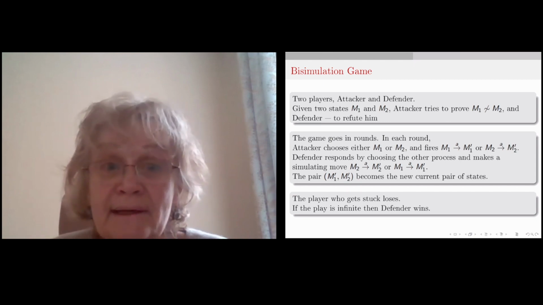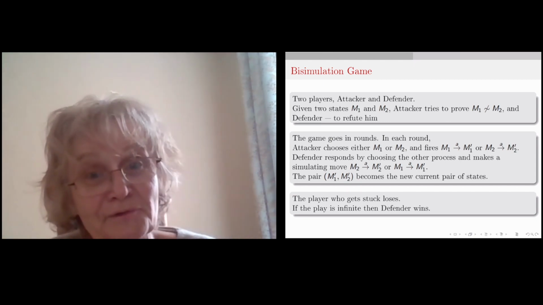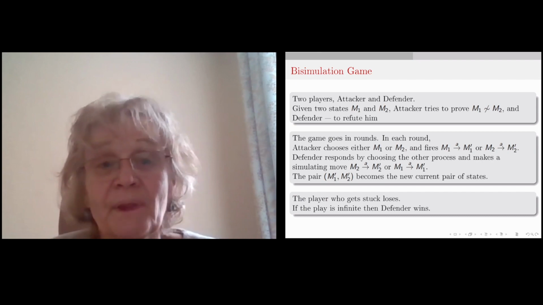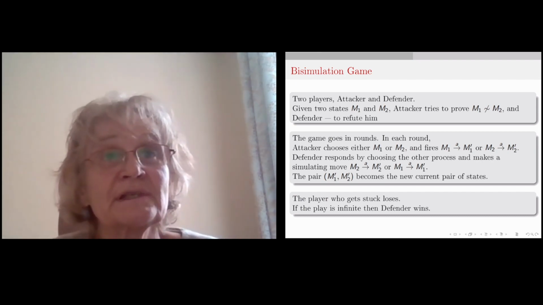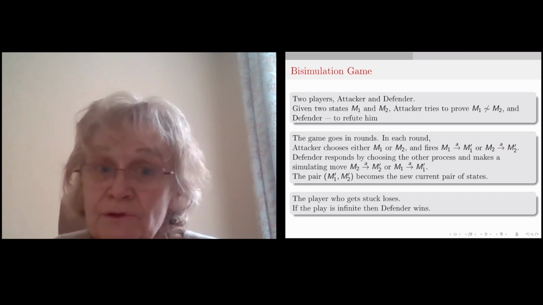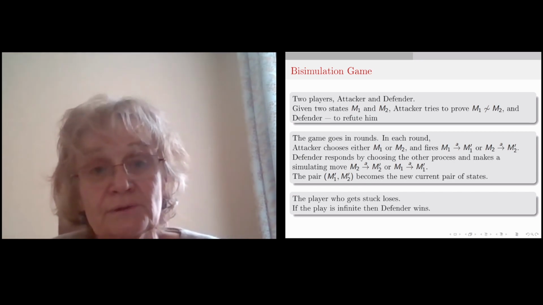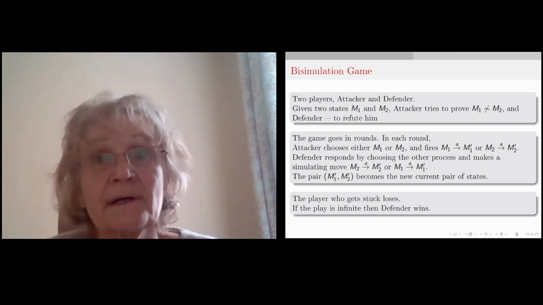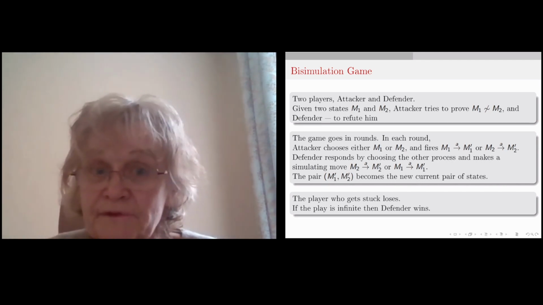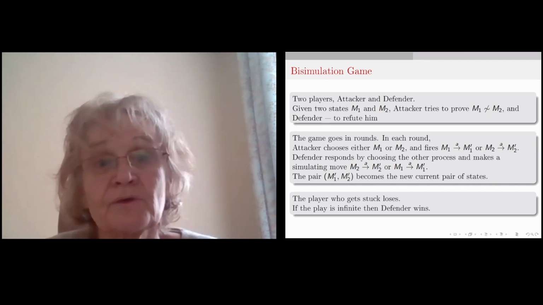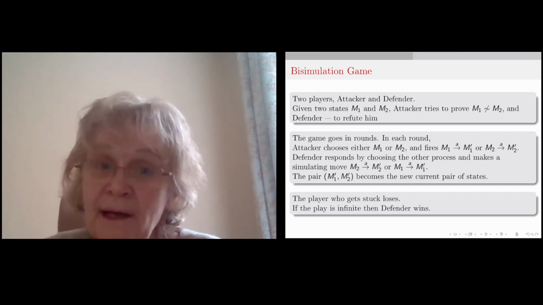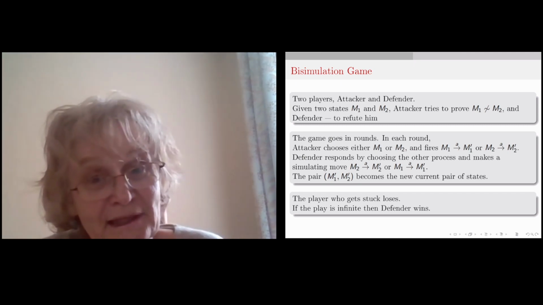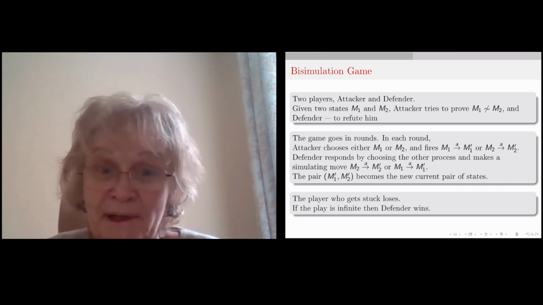And I now explain the rules of the so-called bisimulation game. We have two players called attacker and defender, and we have two states for which we would like to check whether they are bisimilar or not. The attacker tries to prove that they are not bisimilar. So he tries to find a situation where it is not possible to mimic some move of one process by another.